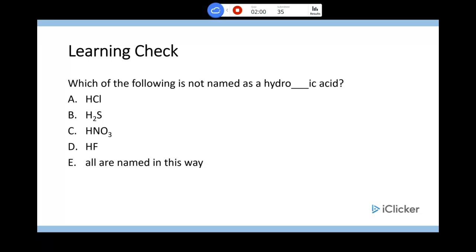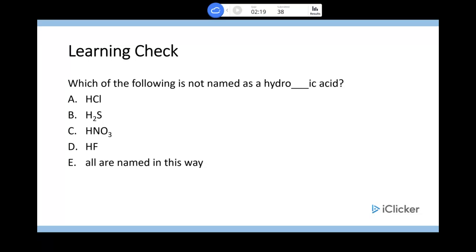Cover the next slide. You need that information for the achieve. All right, 2 seconds.